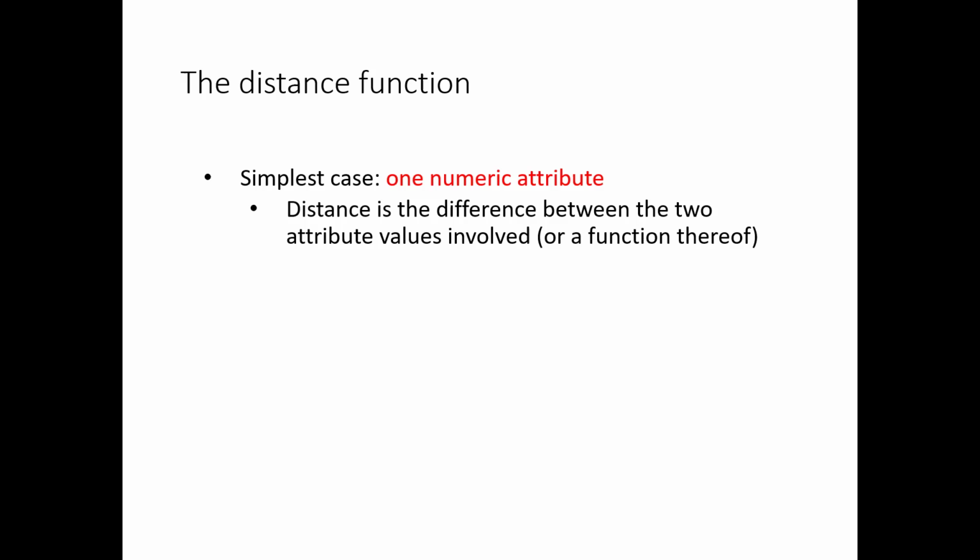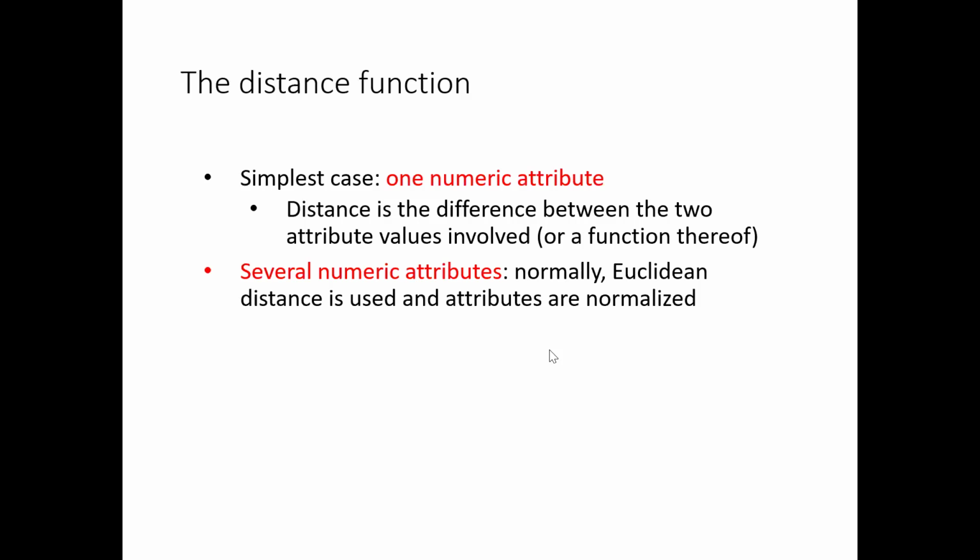If you have one numeric attribute, let's say you have only one attribute, then it's a very simple case because you can just take the difference. That will give you the simple distance between the two.